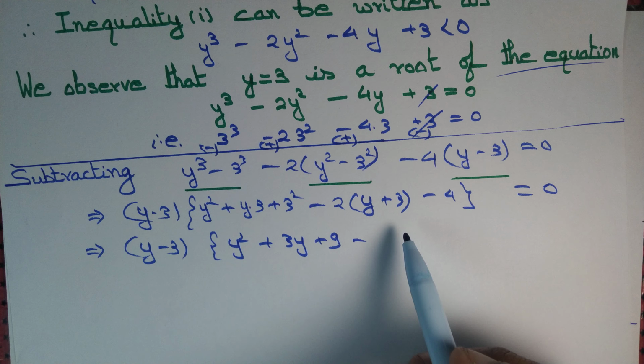So we take y minus 3 common, and when we do so, we will be using the formula that a cube minus b cube equal to a minus b into a square plus ab plus b square. Similarly, a square minus b square equal to a minus b, which is already taken common, and a plus b. Y minus 3 we take common, so minus 4 is left out.